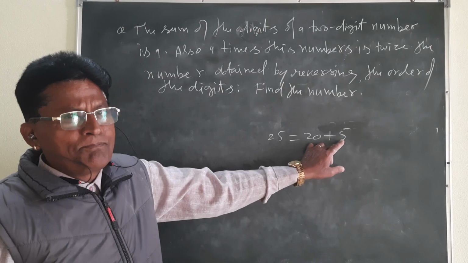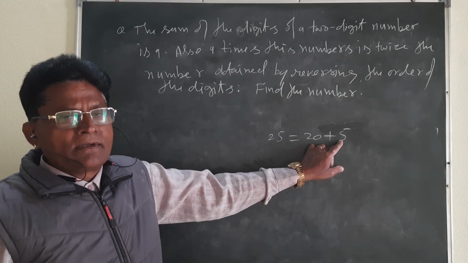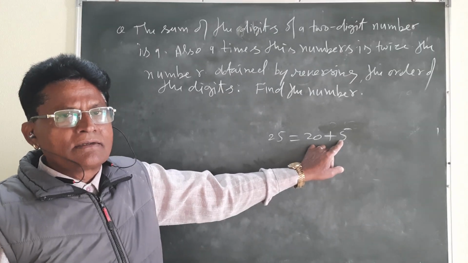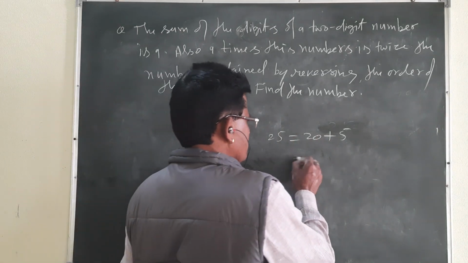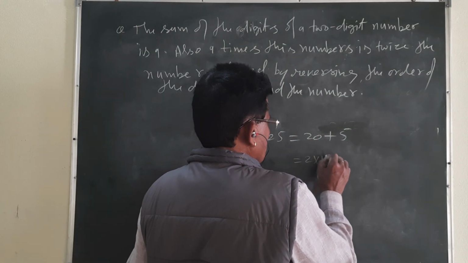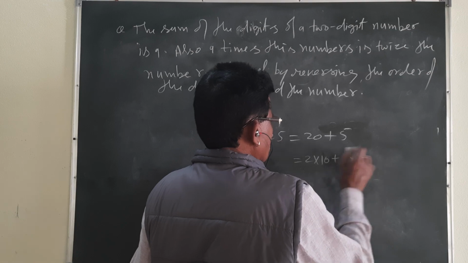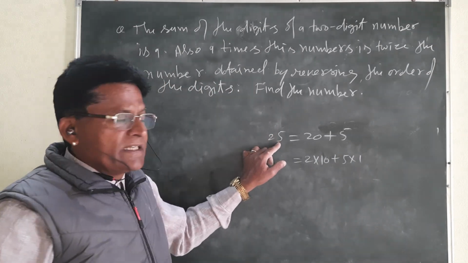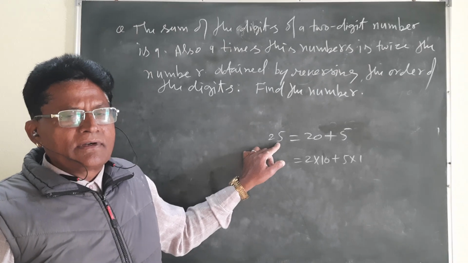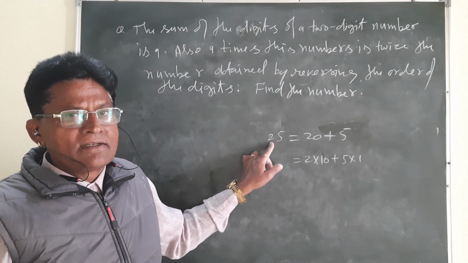I break up the 25 as 20 plus 5. You can write it as 2 into 10 and 5 into 1, like that.